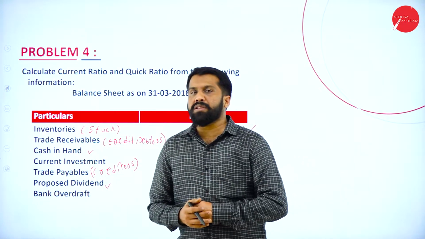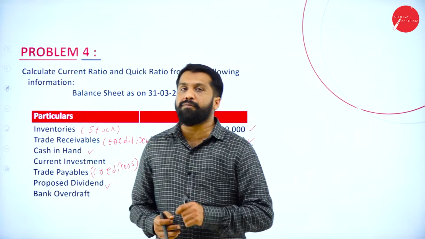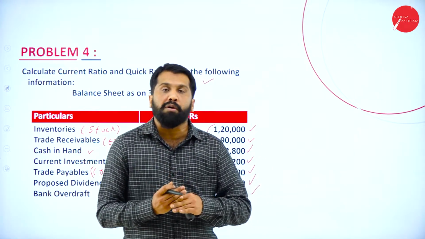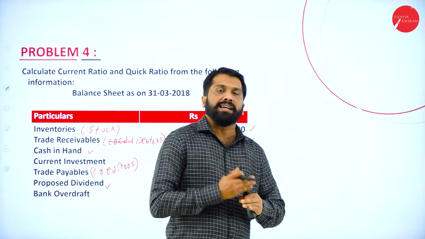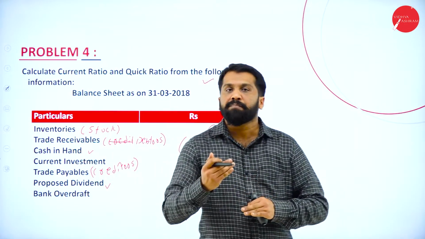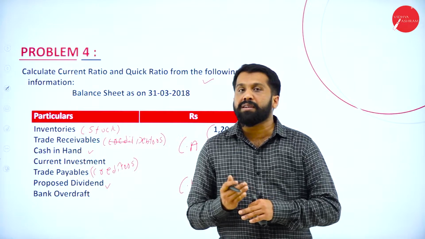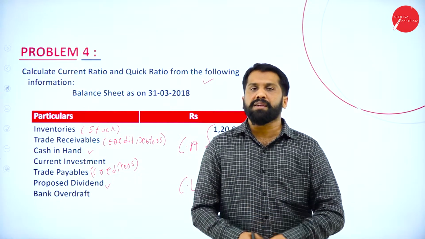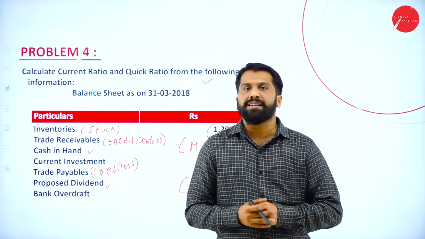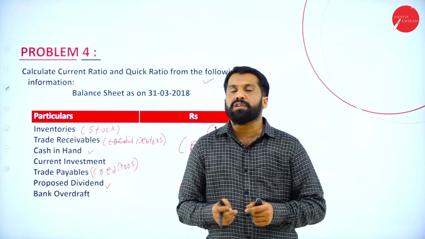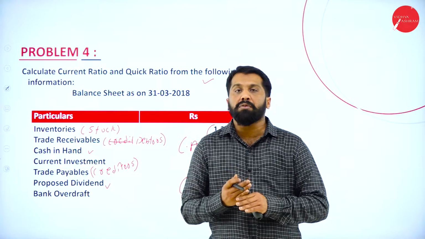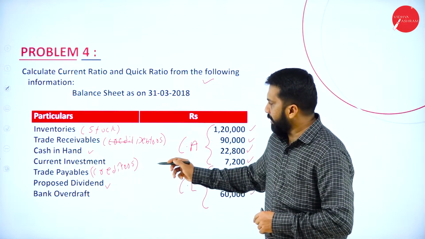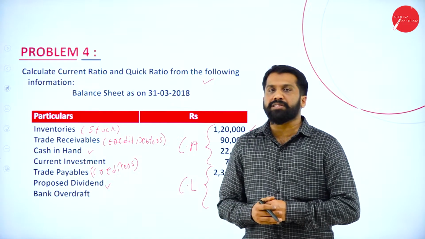How will you distribute? In the form of dividend. Dividend means whatever profit the company earned, that has to be distributed to the shareholders. Whatever is distributed to the shareholders, we call it dividend. Hope you understood. Dividend is nothing but your portion of profit. How is the surplus of profit distributed? In the form of dividend, the profit will be distributed.